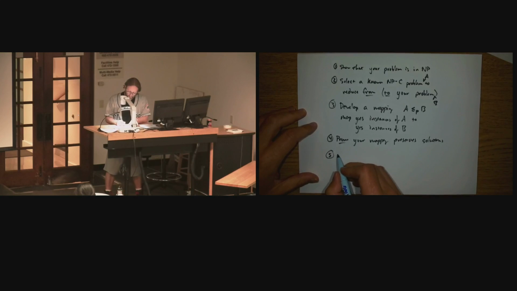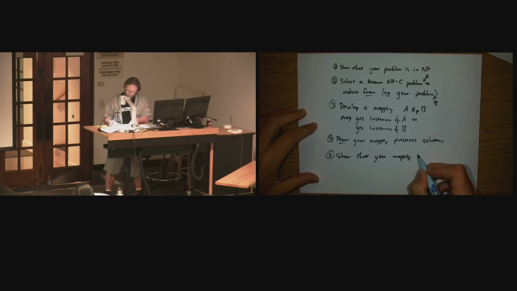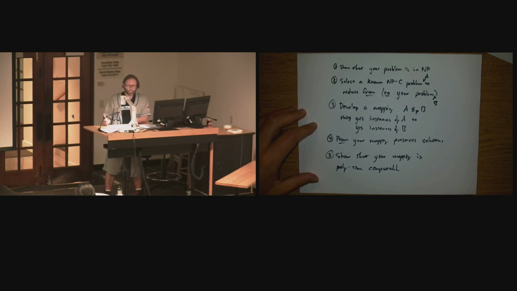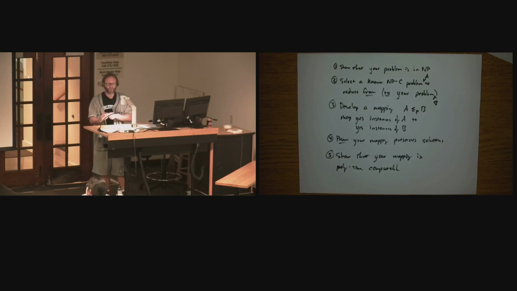And then 5, show that your mapping is polytime computable. That is, that this mapping you developed can be computed by a deterministic polynomial time Turing machine. Now, the reason that you want to show this is so that you don't cheat. Here's a cheating reduction.